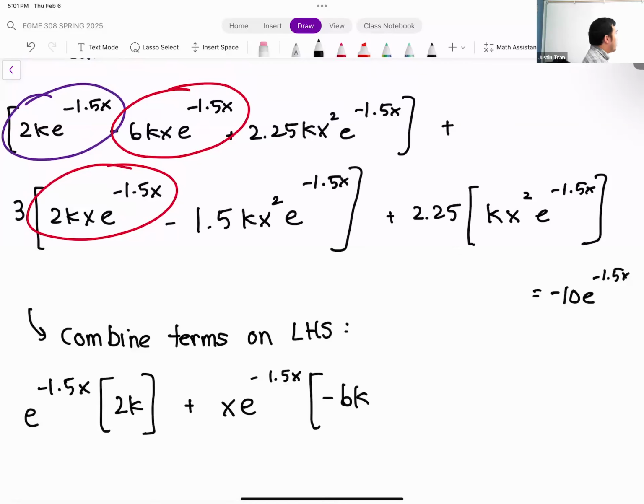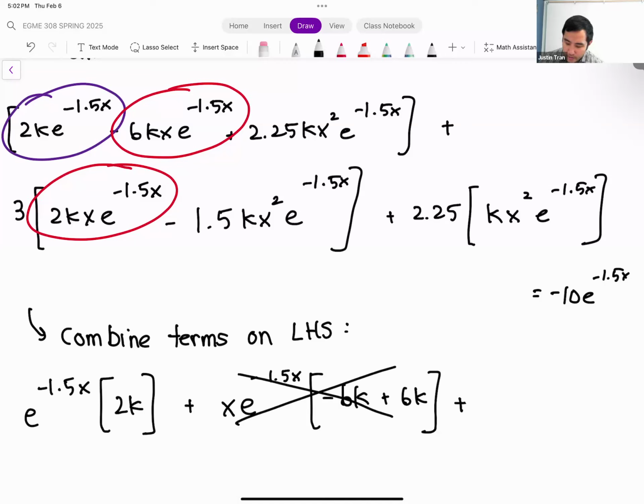Then the second term, we have a plus 3 times 2, which is 6k. So we have minus 6k plus 6k, and these two are going to cancel out, which is perfect. We don't have an x e to the minus 1.5x in our non-homogeneous term anyway, so that's good.